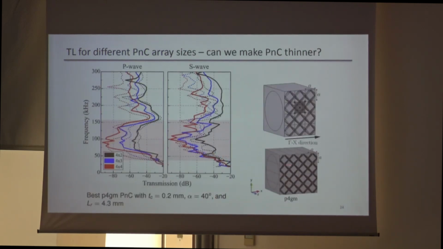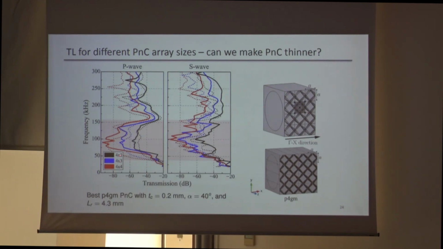Then we decided, because we are from aerospace engineering and we want to make our structures lighter, and these crystals they call single phase, meaning that we have only one solid and air. So either we can make them thinner, right?